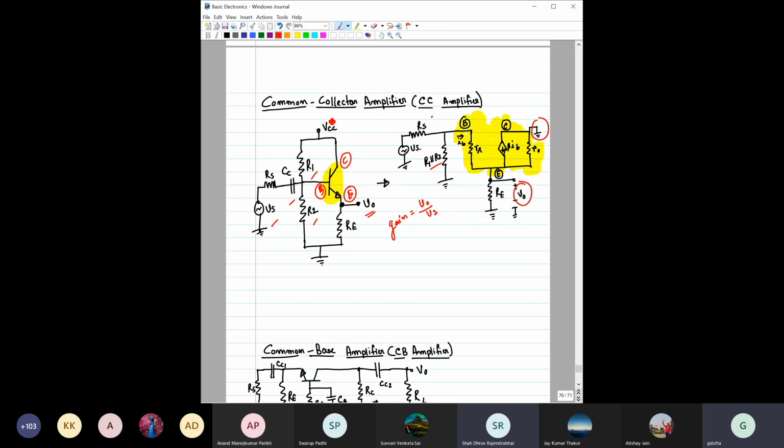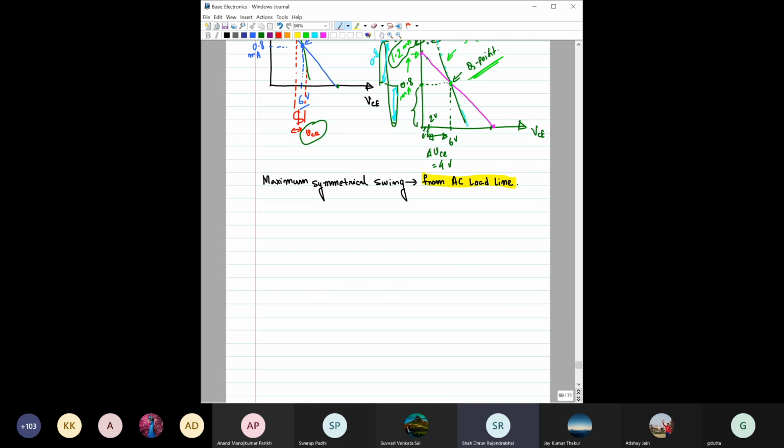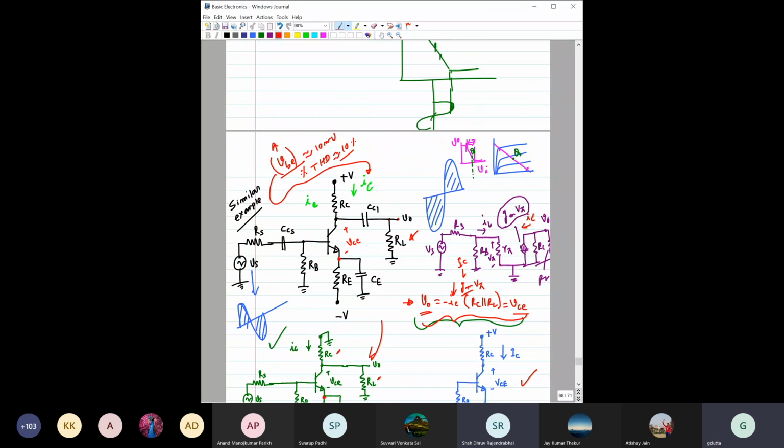Sir, what is the difference between common collector and common emitter? Just the VO position? You see that in common emitter you have an RC and the voltage source. When you consider the AC circuit, the collector terminal is not grounded.